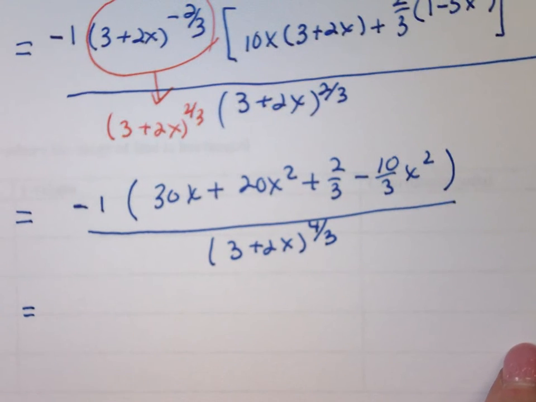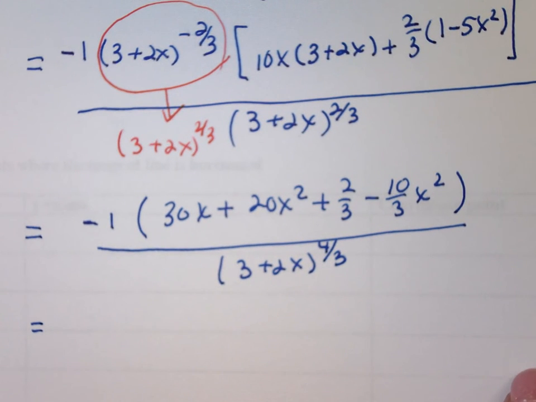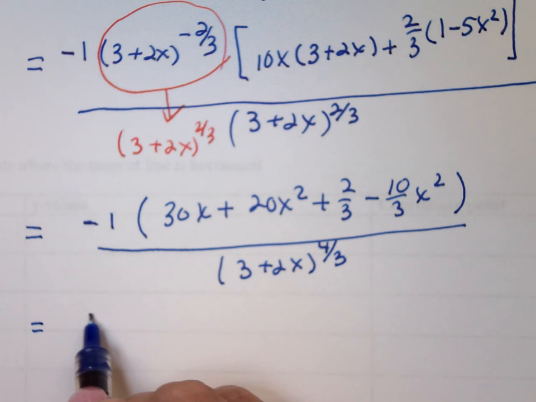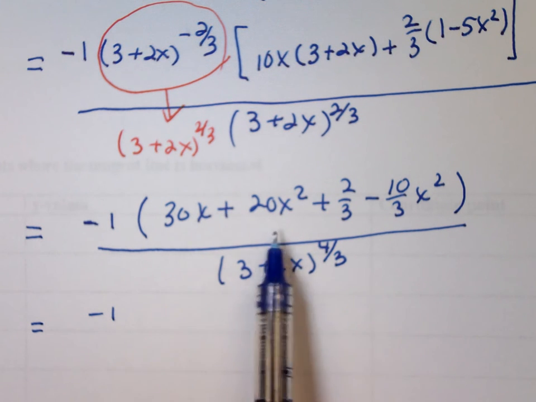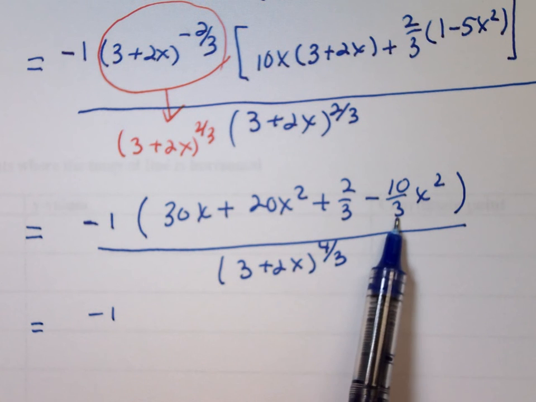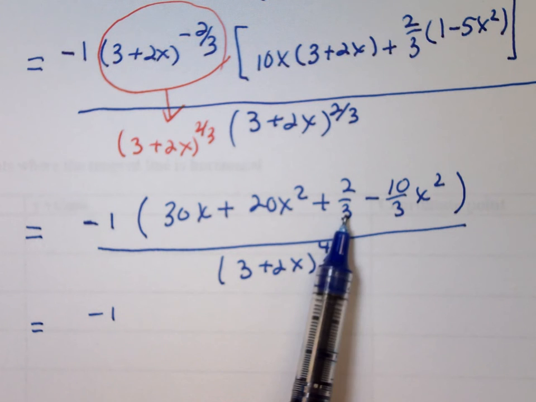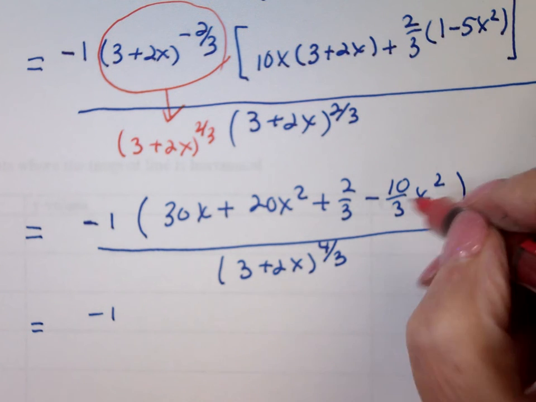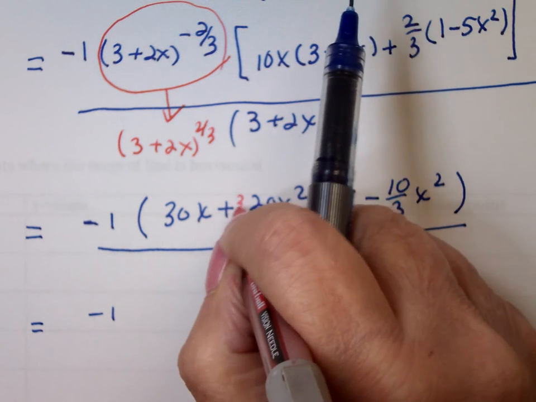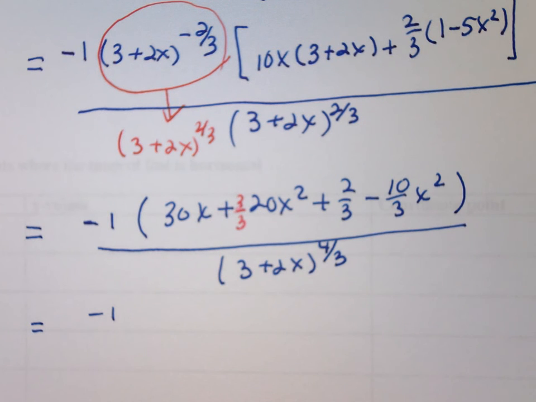Now you know why these things are so hard to video. So this is minus 1 times, and we have a 20x squared and this thing, and a 30x and that. So if I were going to do this in thirds with x squareds, I'm going to have to multiply by 3 over 3.